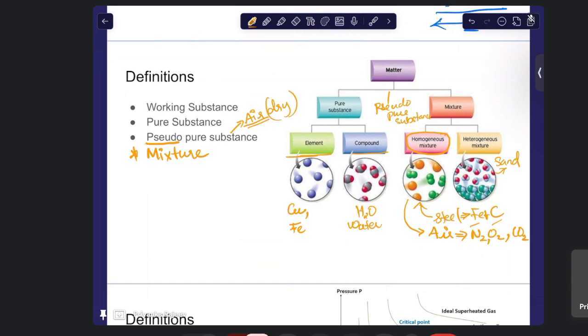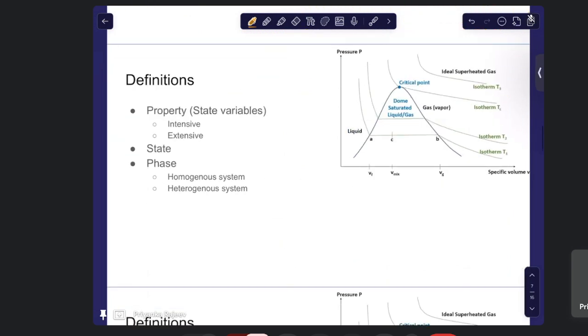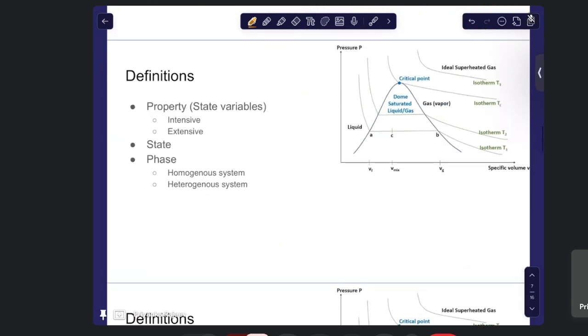Then, now comes the very important part of these definitions. So we have got property. Property is also called state variable. I will tell you why it is called state variable later.